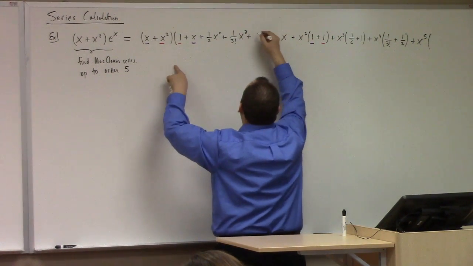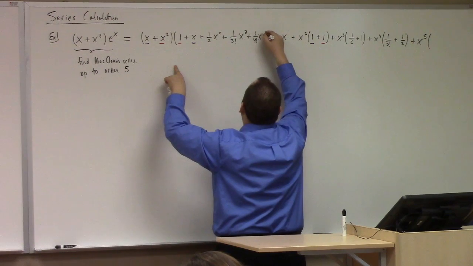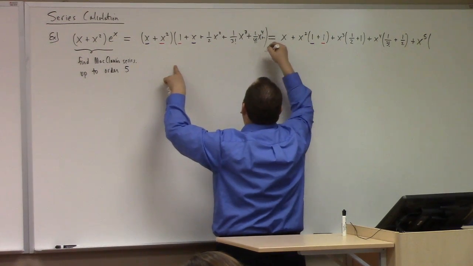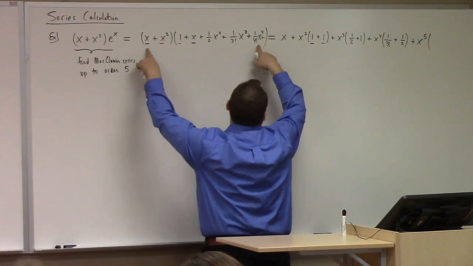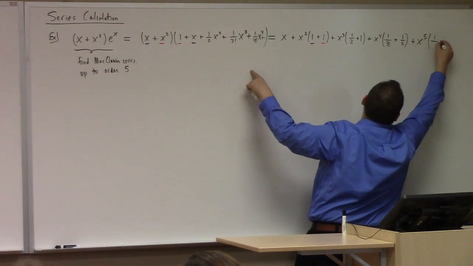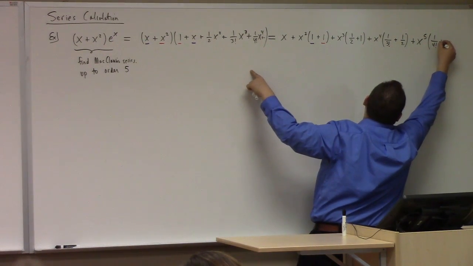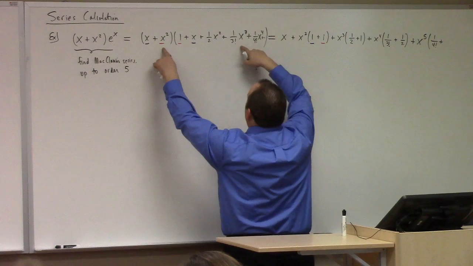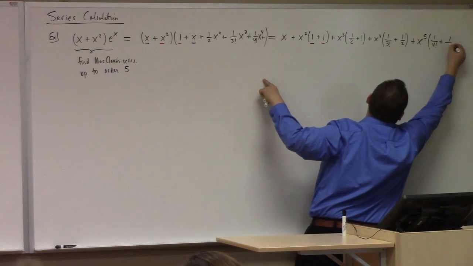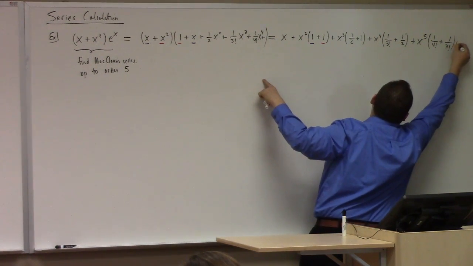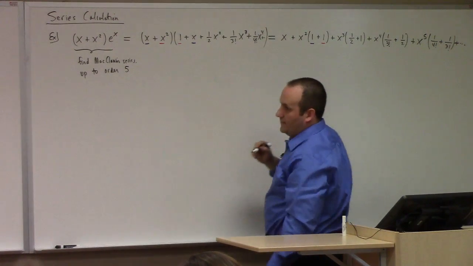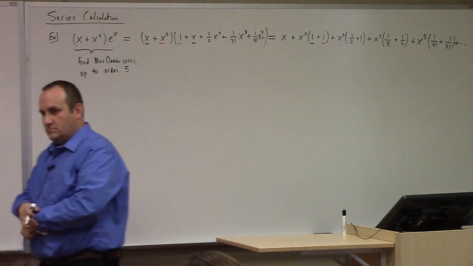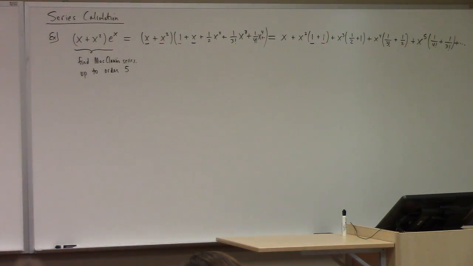So 1 over 4 factorial x to the 4th is the next thing down the line. So x times that, I get 1 over 4 factorial plus 1 over 3 factorial. Of course, we could collect those fractions and find specific numbers, but that's it.